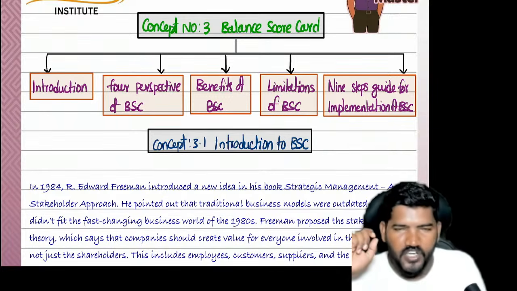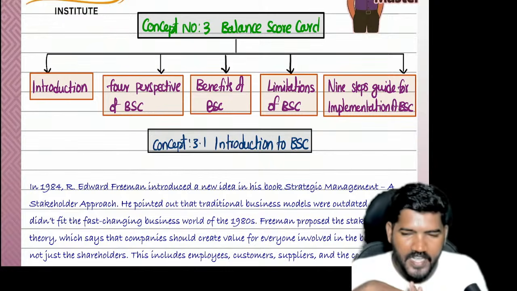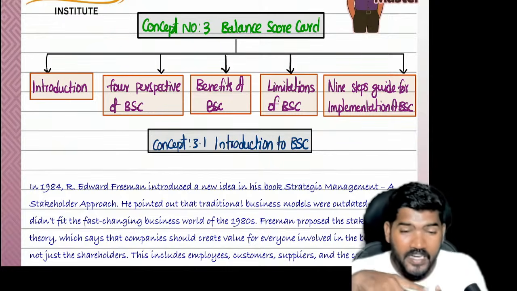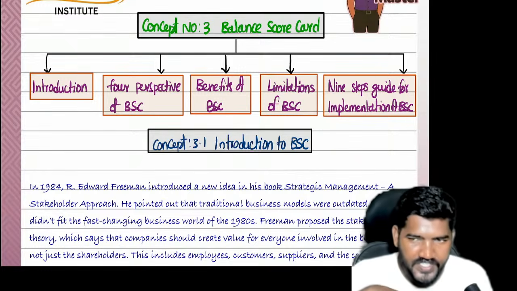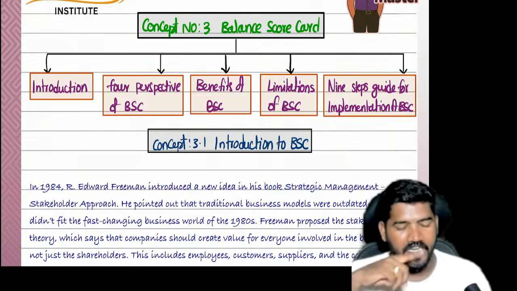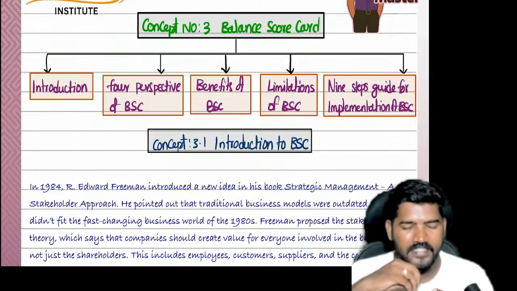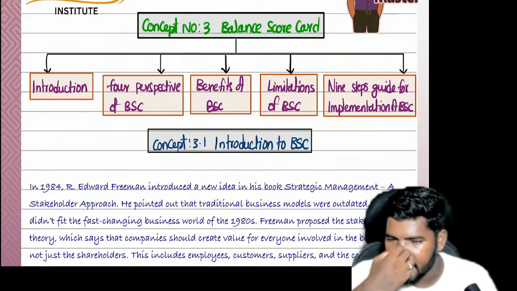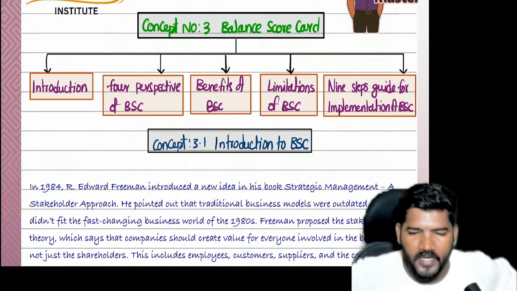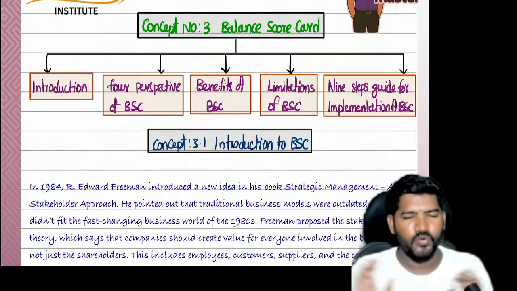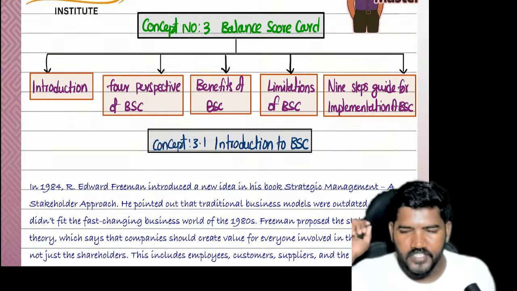So the organization is not only focusing on financial aspects but also on learning and growth of the company, customer satisfaction, and internal controls. By balancing these four pillars of the organization, automatically your organization will grow.